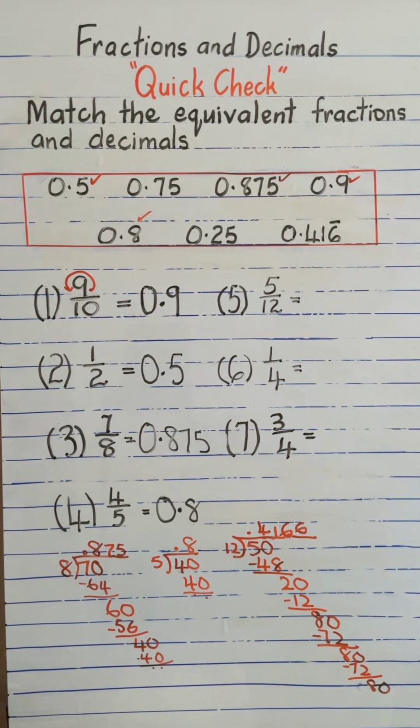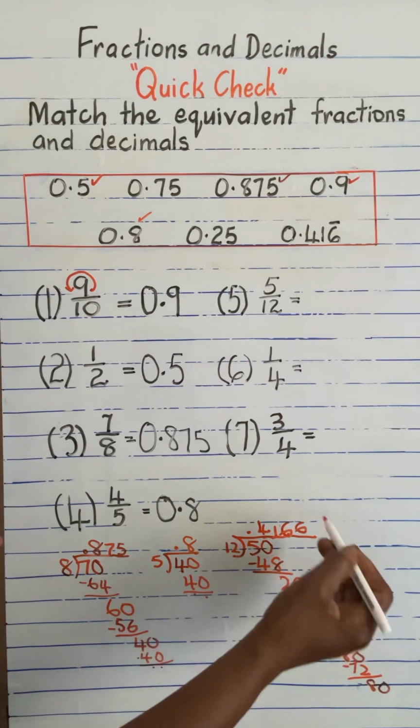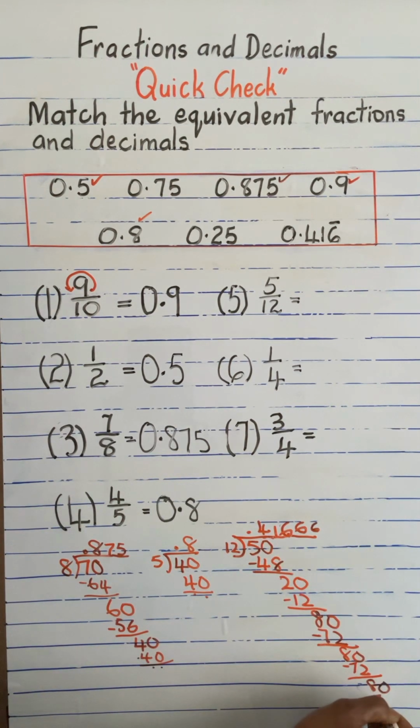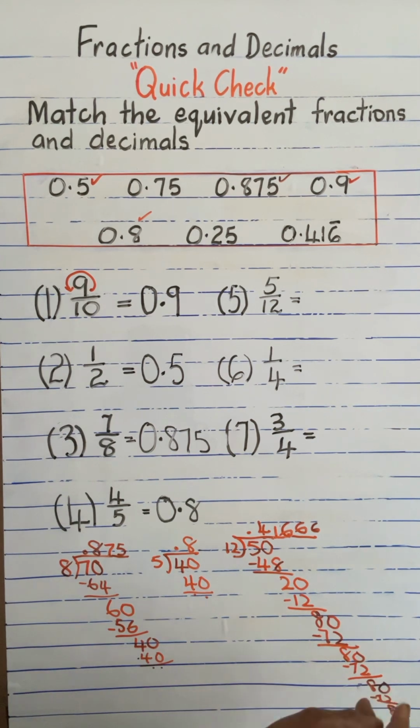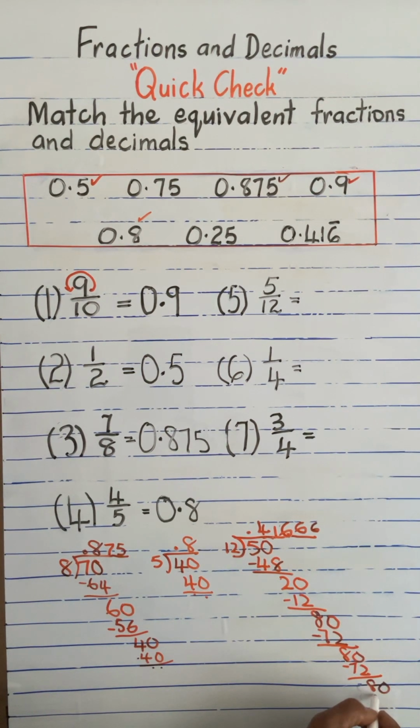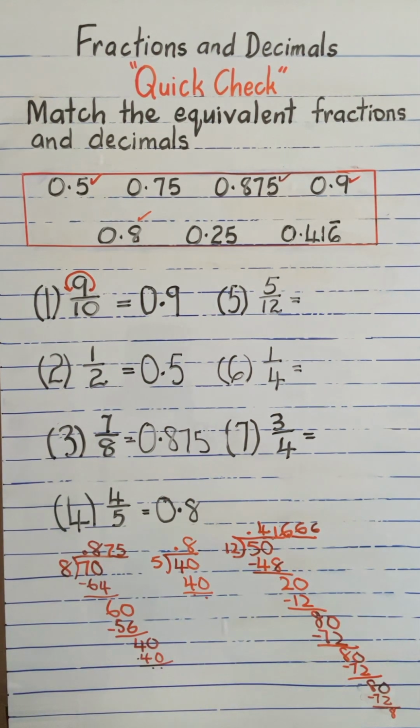We know it's 6 times. 72, subtract, we get 8. So we notice that the 6 is recurring.